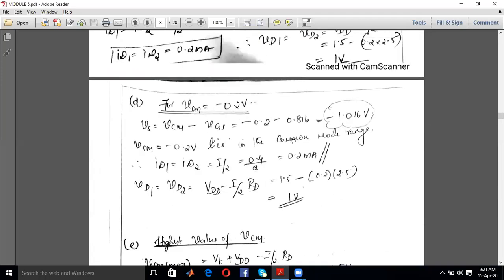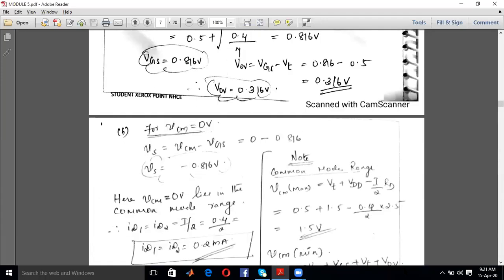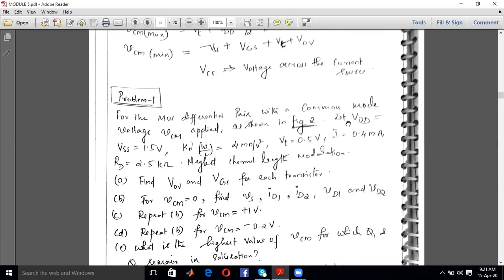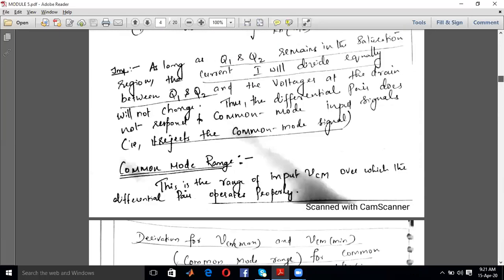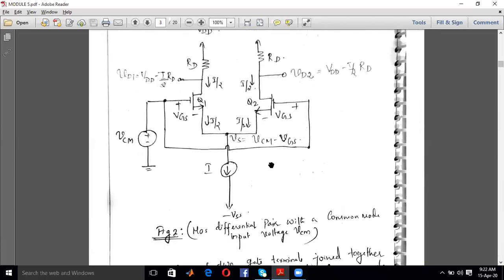Vs min. Vs is the source voltage. So go back to the circuit and check whether that equation is valid or not. Vs min is, see, Vs is nothing but the voltage at the source. At the source, you have the current source followed by a negative DC power supply. So apply KVL over this particular branch.